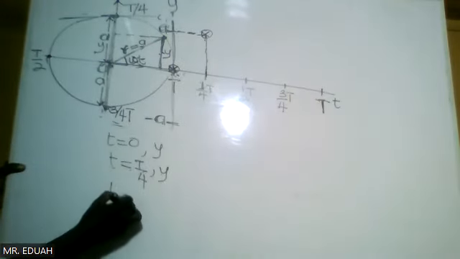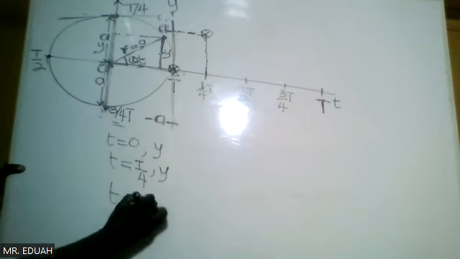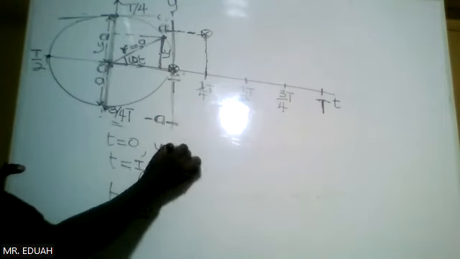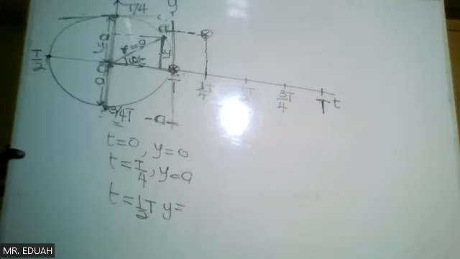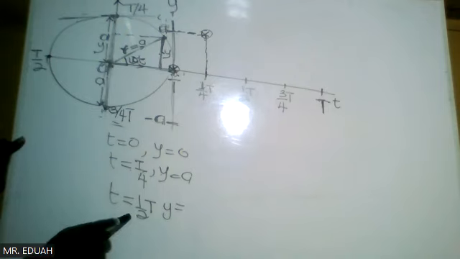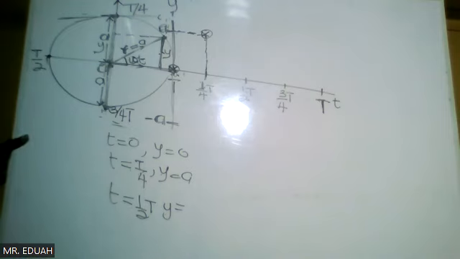Now at t is equal to half of the period, what is the value of y? What did we get for y at t is equal to half of the period? We just did this.